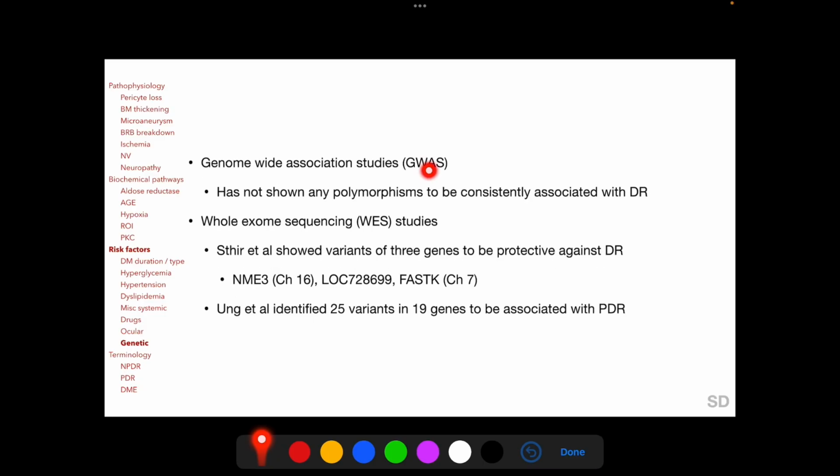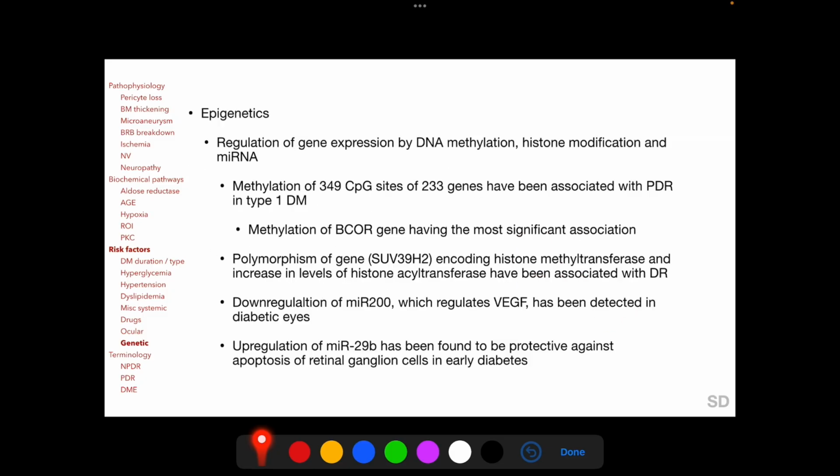Genome-wide association studies have not shown any polymorphisms to be consistently associated with the development of diabetic retinopathy, and whole exome sequencing studies have shown variants of several genes to be either protective against diabetic retinopathy or to be associated with the risk of development of proliferative diabetic retinopathy. And variations in the pathways of epigenetic regulation of gene expression have also been found to be associated with the risk of or protective against the development of diabetic retinopathy.